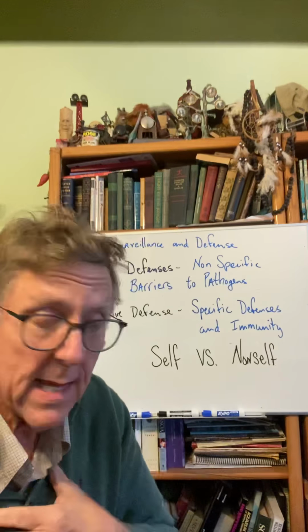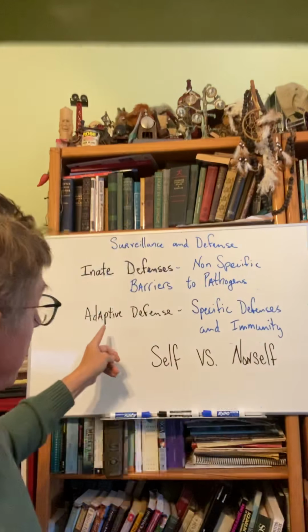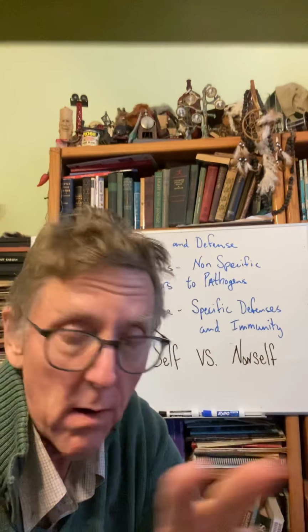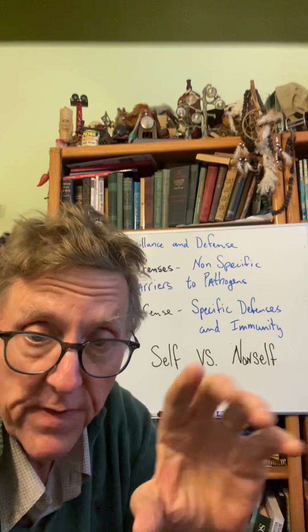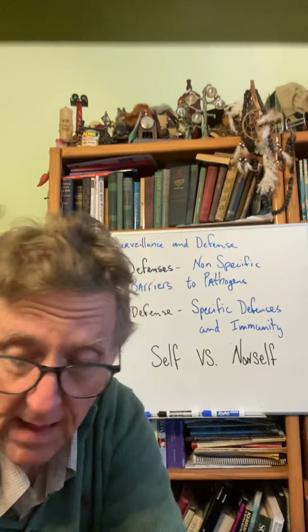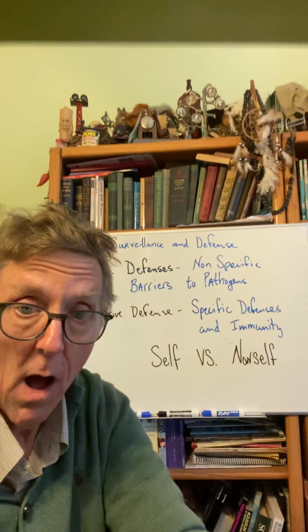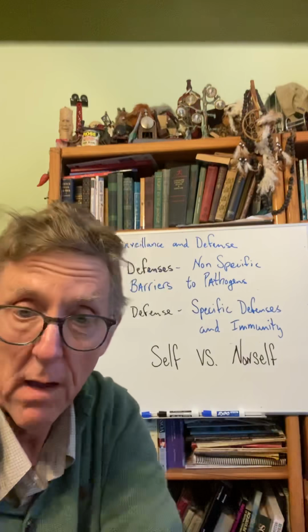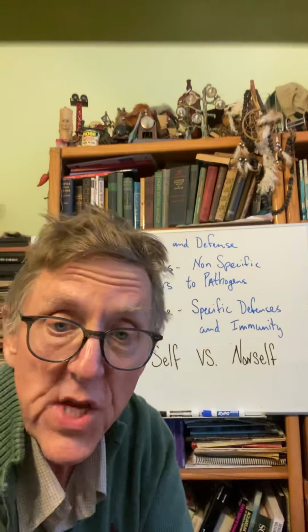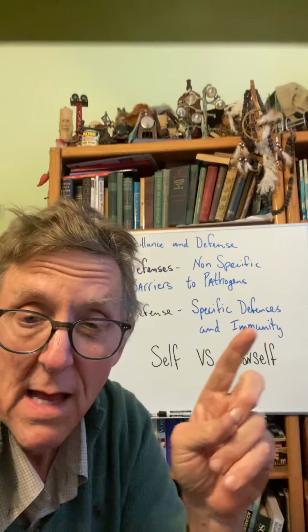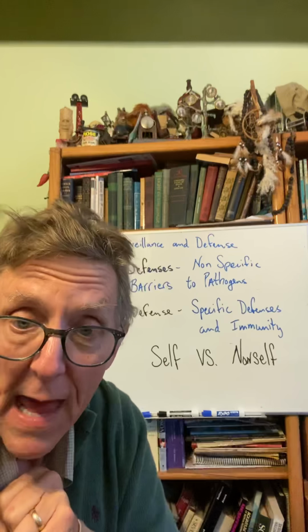And so your body, your adaptive defenses, they're moving around in your body looking for things that don't belong, and they say, oh yeah, this is me, that's me. Non-self. So self, non-self. And the immune system will initiate an immune response against that particular pathogen.